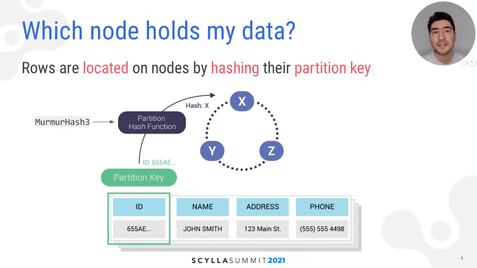The partition key serves to identify the node in the cluster that stores a given partition, as well as to distribute data across nodes in the cluster. The partitioner or partition hash function, which by default is murmur_hash3, using a partition key allows us to determine where data is stored on a given node in the cluster.